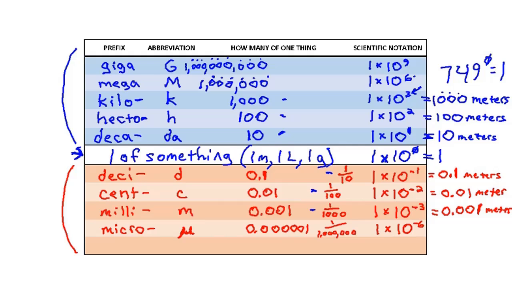Now the opposite of giga, where it's going to be 1 billionth, is going to be nano. So nanograms, nanometers, and that's just a little lowercase n.